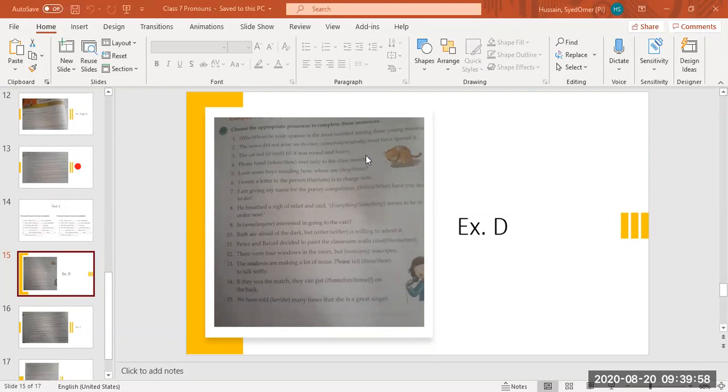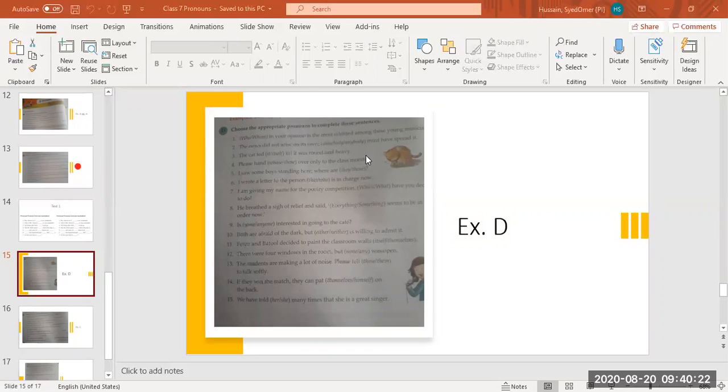Whom, in your opinion, is the most talented among these young musicians? Who. Correct. Number two: The news did not arise on its own. Somebody must have spread it. Somebody. Good.